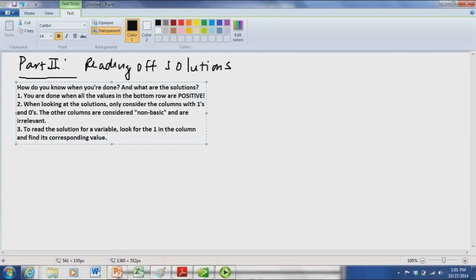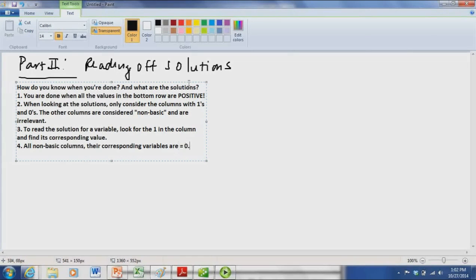Will become more clear when I show you. And then number 4, all non-basic columns, their corresponding variables are equal to 0.